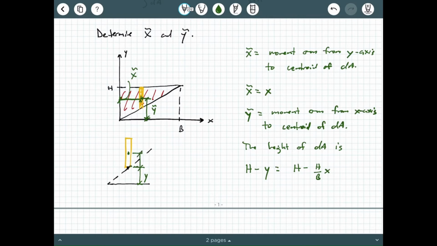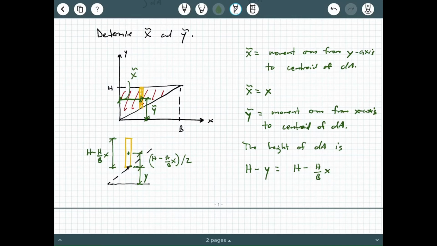I know this distance, right? That's H minus h over b x, all divided by 2. How do I know that? Well, again, the height of that slice is H minus h over b times x. So if I want half of that height, I just take H minus h over b times x, divide by 2.